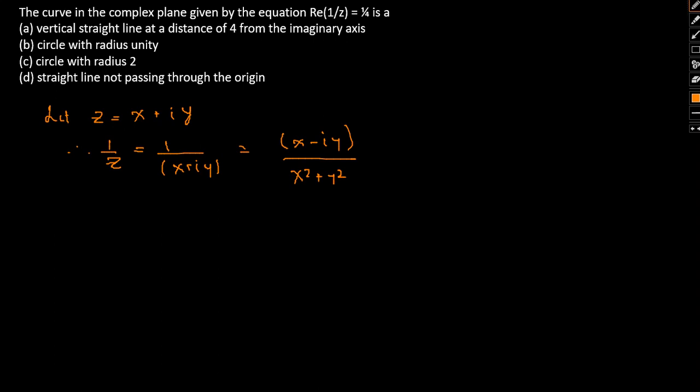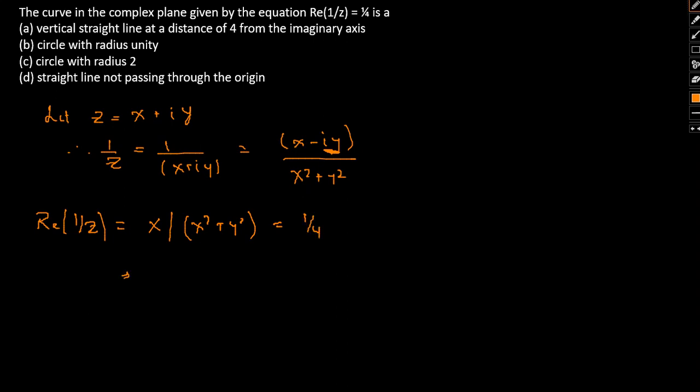Now it is given that the real part of 1 by z is equal to 1 by 4. So the real part would be x by x² + y². I have excluded the other term because this is the imaginary part. So this will be 1 by 4.